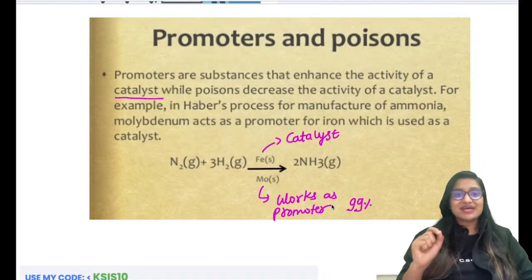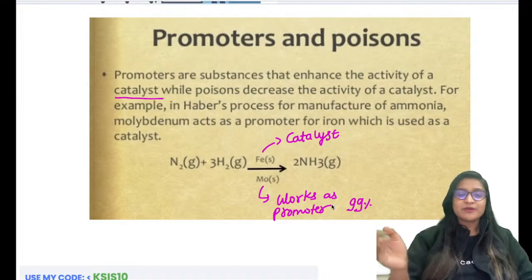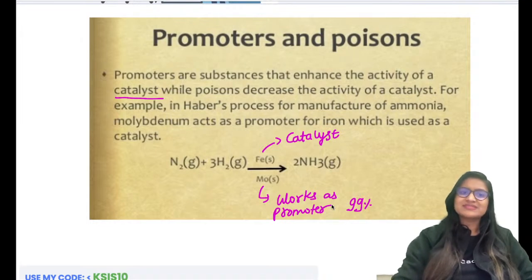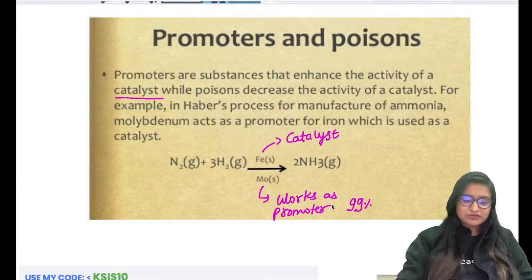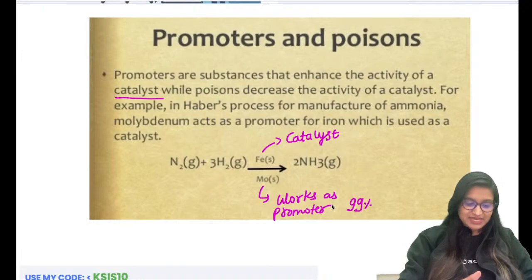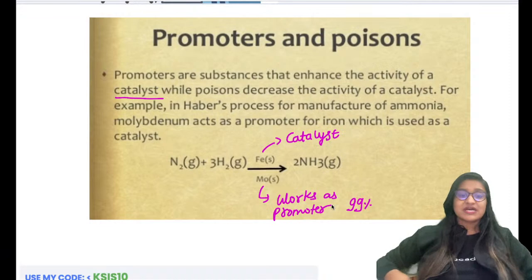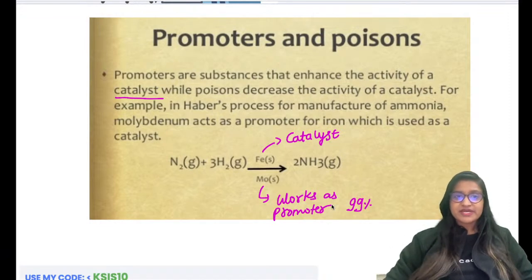So did you guys understand the difference between catalyst and promoters? Because sometimes the students are like, ma'am, isn't it one and the same thing? Both are used to increase the rate of the reaction. But no, catalyst is used to increase the rate of a reaction, and your promoter is used to enhance the activity of catalyst.